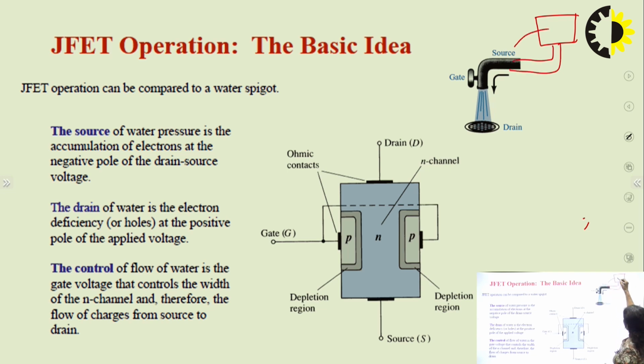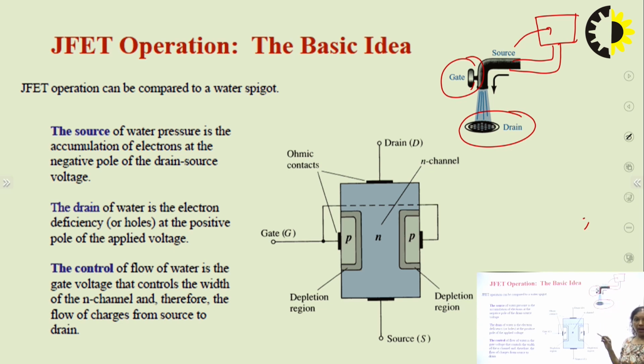So the source is the water tank, and there is a gate or knob with the help of which we can control the flow of water coming from the source. And drain is where we collect the water. So by controlling this gate terminal we can control the flow of the current.